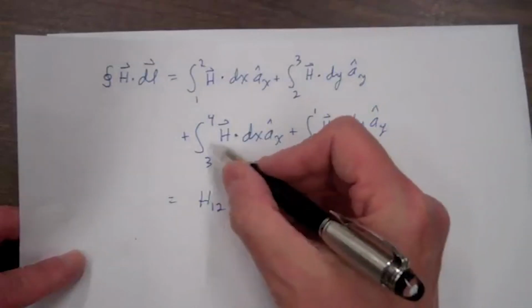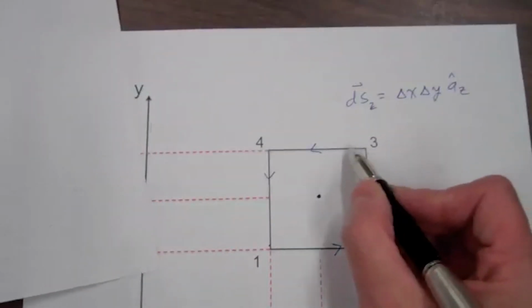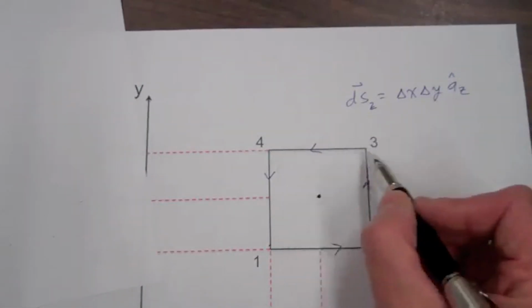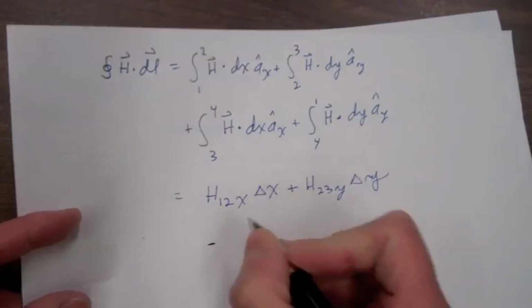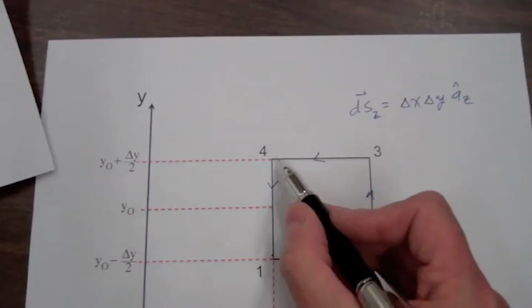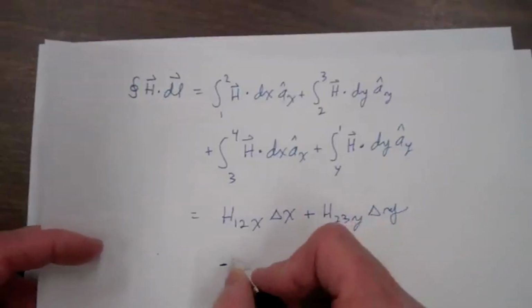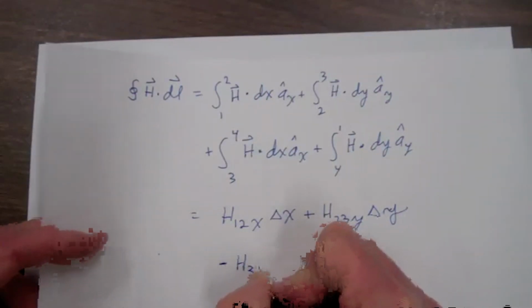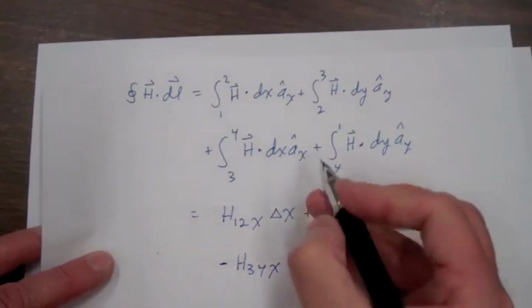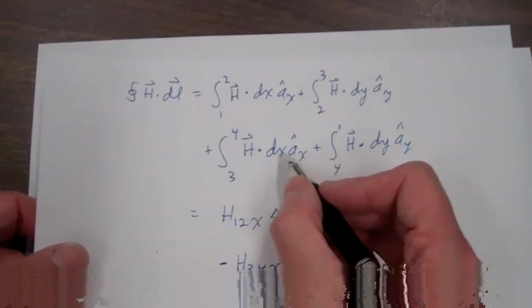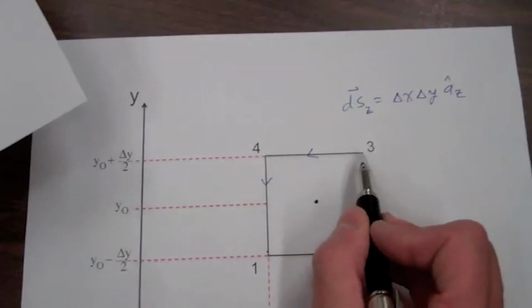So when we integrate from 3 to 4, we're now integrating in the opposite direction of our d sub l, so we're going to end up with a minus sign. We're going to have the value of H along line segment 3 to 4. And since we're dotting with a sub x, we'll get the x component. And so then we're integrating dx along 3 to 4.